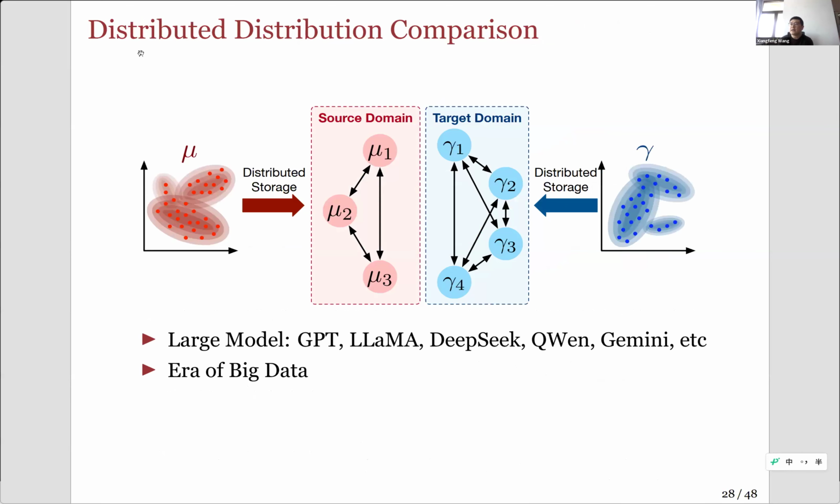However, a major challenge arises in the area of big data and large models like GPT, Llama, DeepSeek, or Qwen. Data is often too massive to fit on a single machine and is inherently distributed across multiple servers, devices, or organizations.